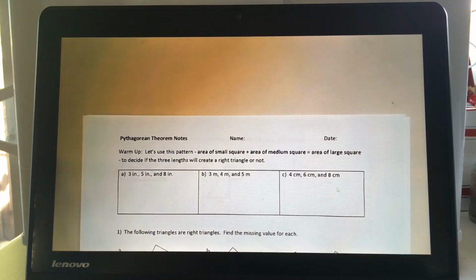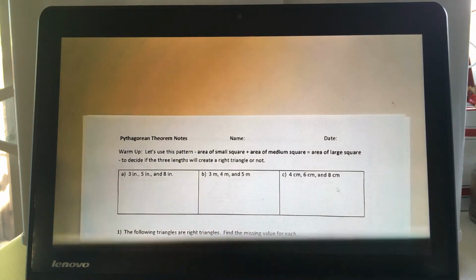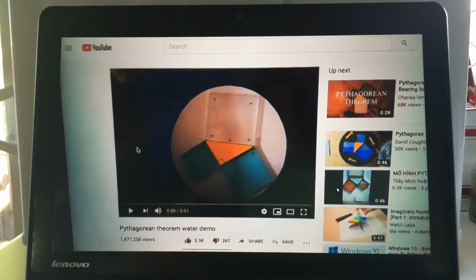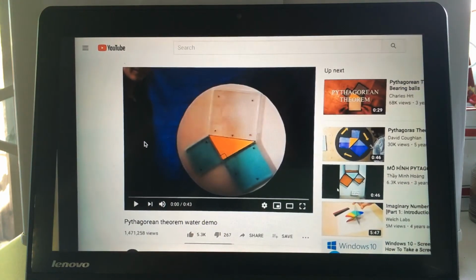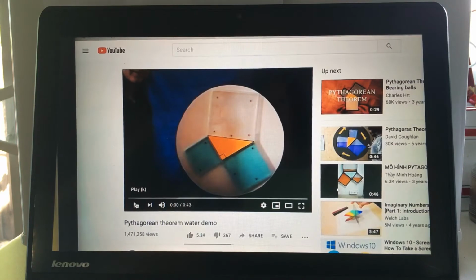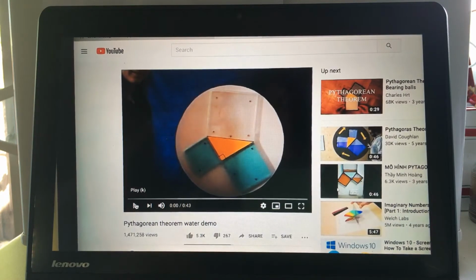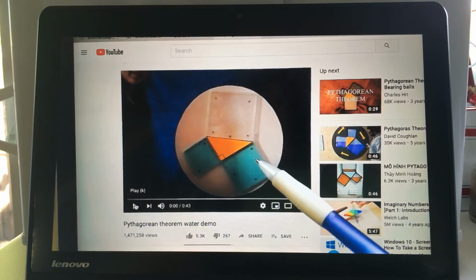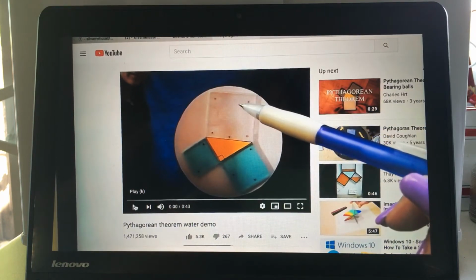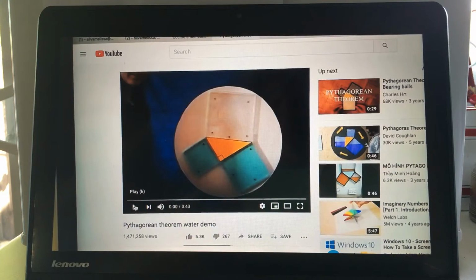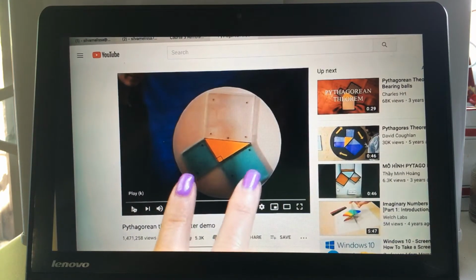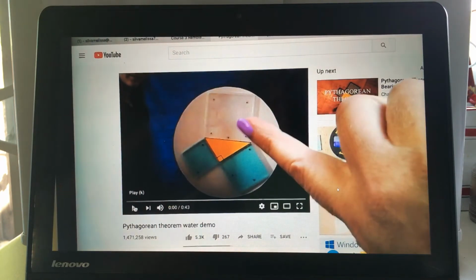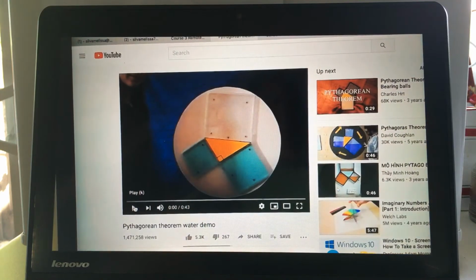And what I'm going to do before we actually start that is take a look at this YouTube video right here. So you can see that we've got a small square right here. You can see we've got a medium square right here and a large square right here. So again, Pythagorean theorem, we're looking to see if we take a look at the two smaller squares, is it equivalent to the same space in the big square?